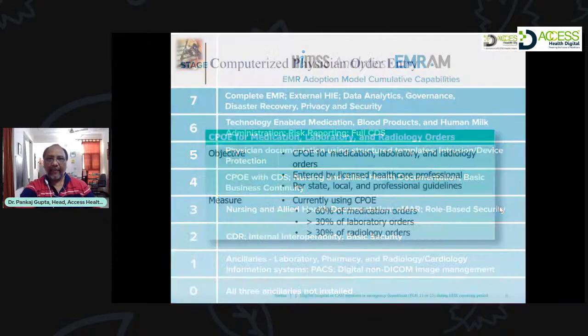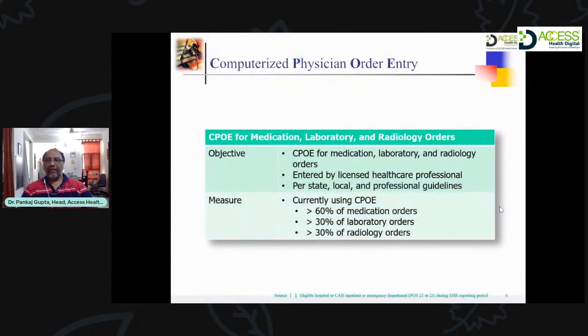In the US, when meaningful use was implemented, this is when Obamacare, you might have heard the term Obamacare, came in. For CPOE, medication, laboratory, and radiology orders, they said that 60% or more of medication orders should be through a CPOE-enabled system, and 30% of laboratory orders should be too.